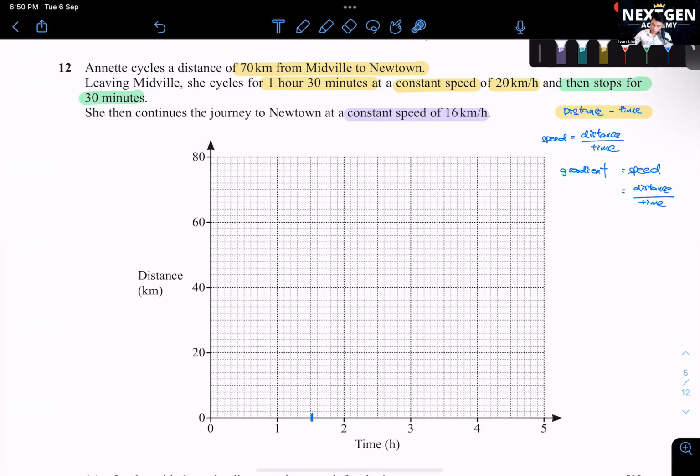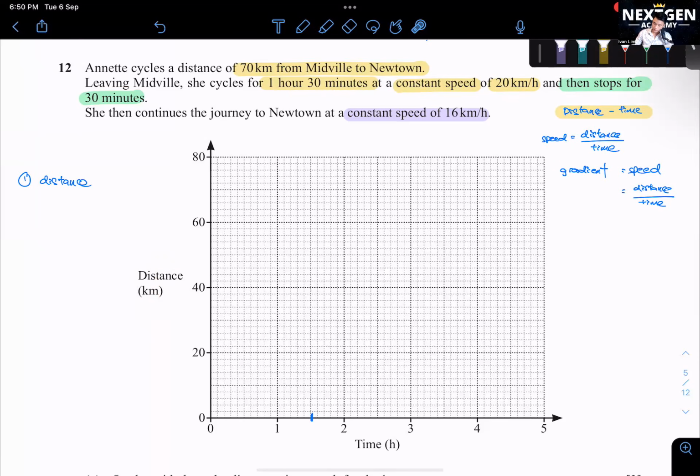Your y-axis represents your distance. Therefore, for the first part, you need to find the distance in the first statement: 1 hour 30 minutes at a constant speed of 20 km per hour.